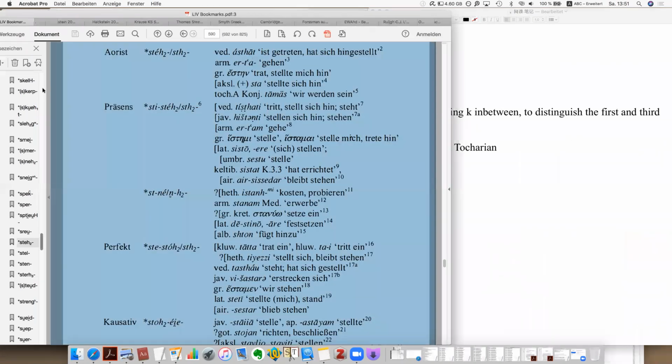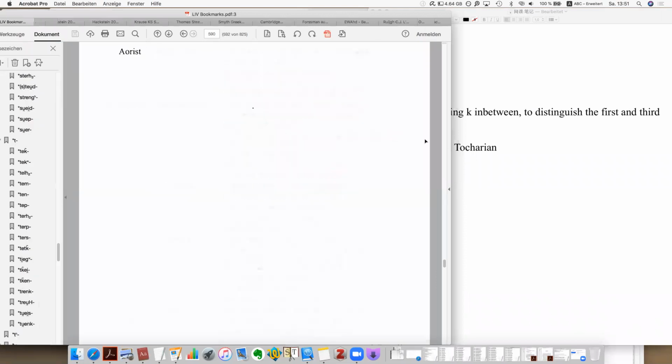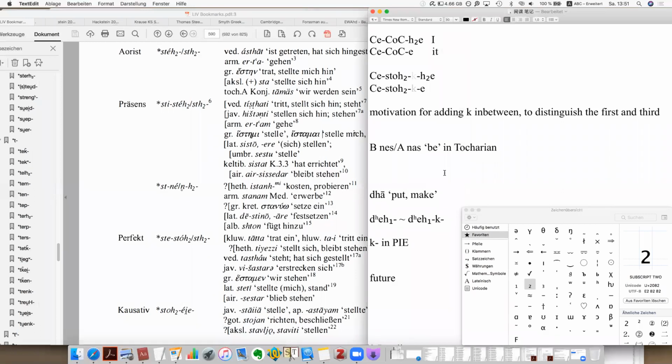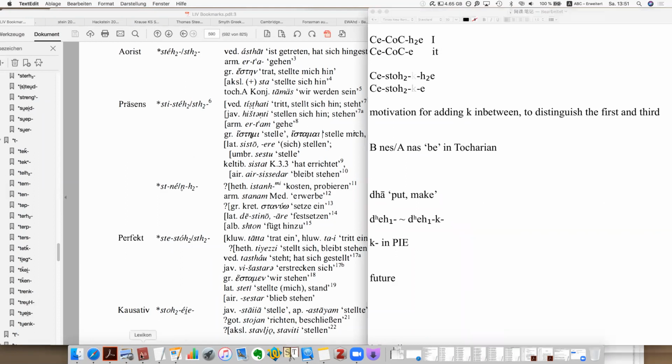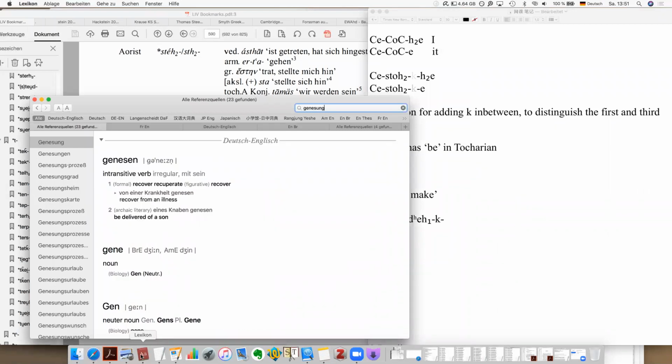And this is an interesting word because in Germany, if you describe being healthy, or healthy after a disease, you would use this word, genesum.